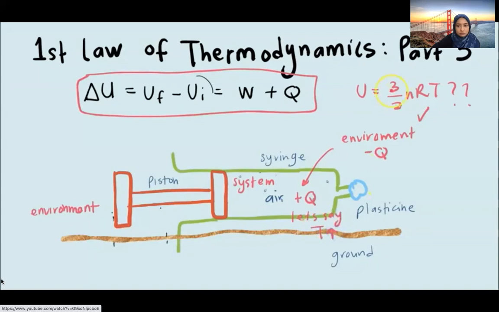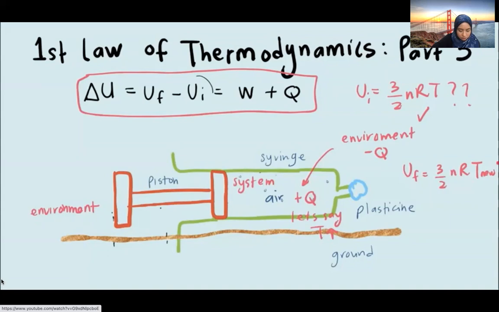So now from this initial state, this is the initial state of the gas. Now the new state is 3 over 2 nRT new, because now the temperature has increased, right? The same equation is used, but the temperature is different now.